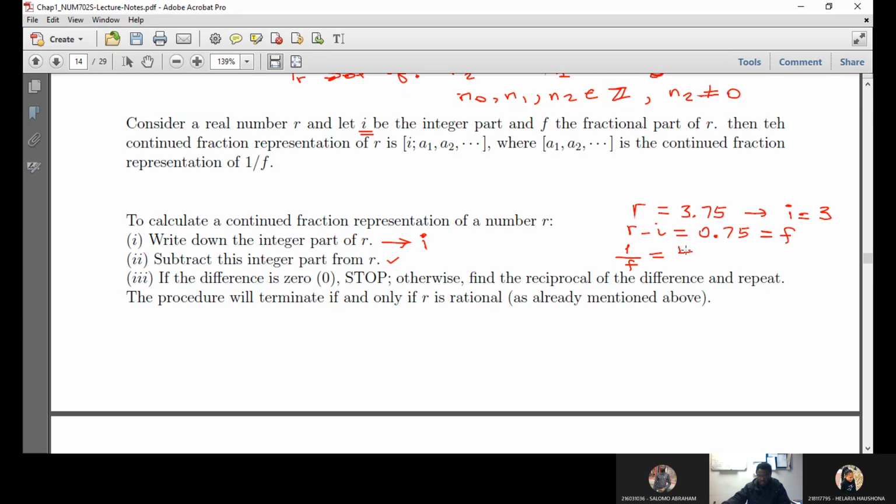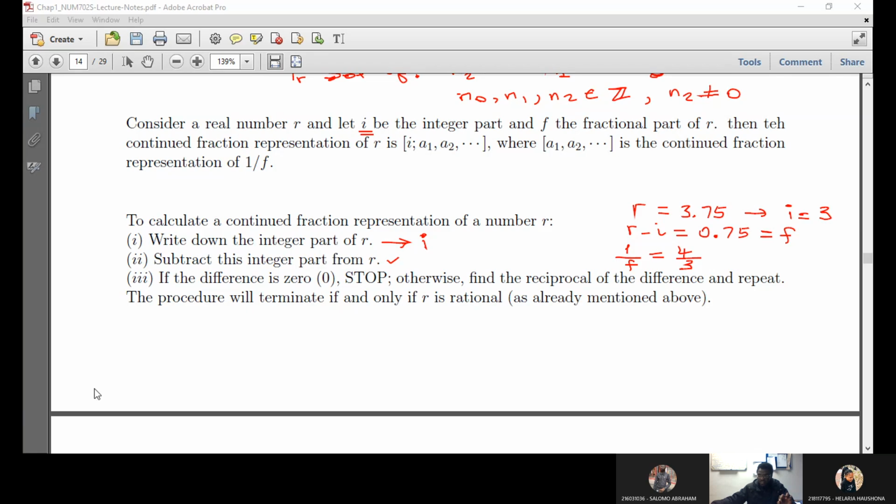So 3/4, if you take the reciprocal, is 4/3. This is what you will get, 4/3. Now, 4/3 is a real number, right? It's a real number with a non-zero integer part. Now you have to proceed all over.